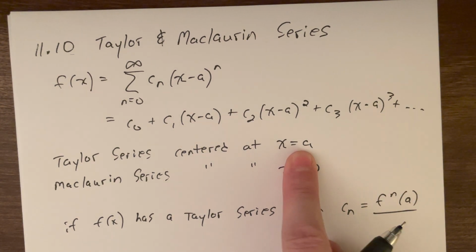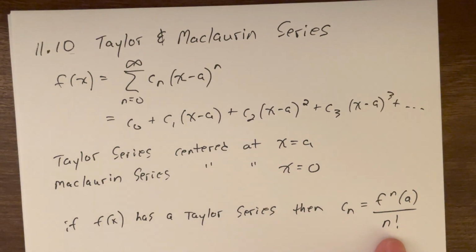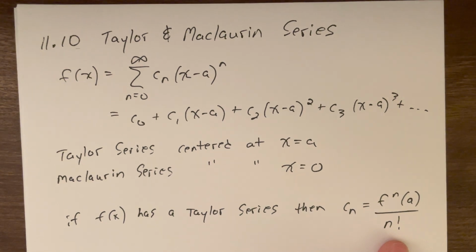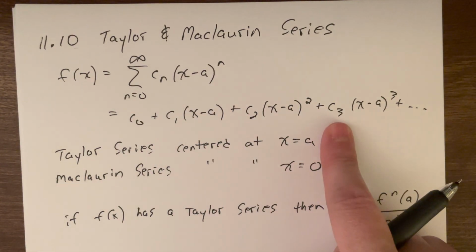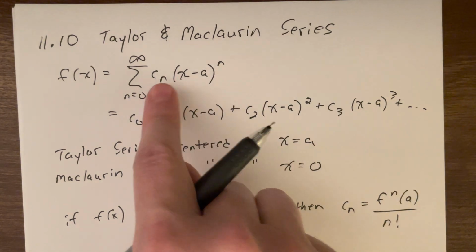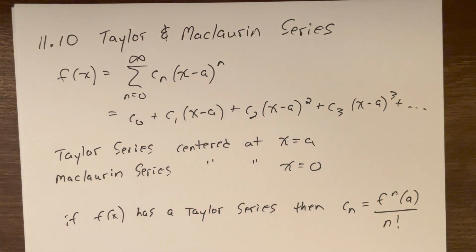Again, that's center a, that's the same x coordinate here, all over n factorial. That is a huge key to this upcoming section. So when we try and find Taylor and Maclaurin series, that's what we're going to be doing a lot of. Writing out these terms so we could see what these actually coefficients are, and then we can go back and try and find the general formula for those coefficients.